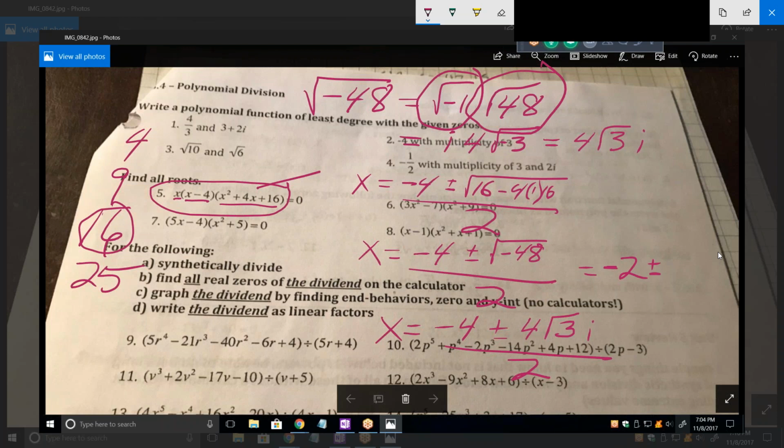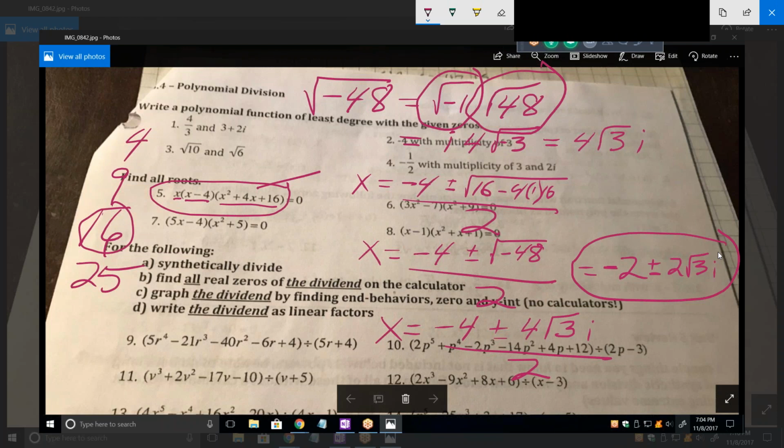Actually, you can divide top and bottom by 2. And you have to divide both terms by 2. So I have to divide both 4s by 2. And then the 2 in the denominator disappears. Yeah. So this is your final answer. All right. Well, not really.